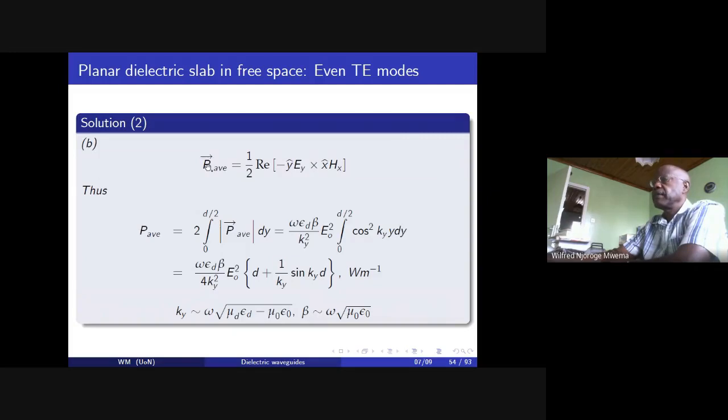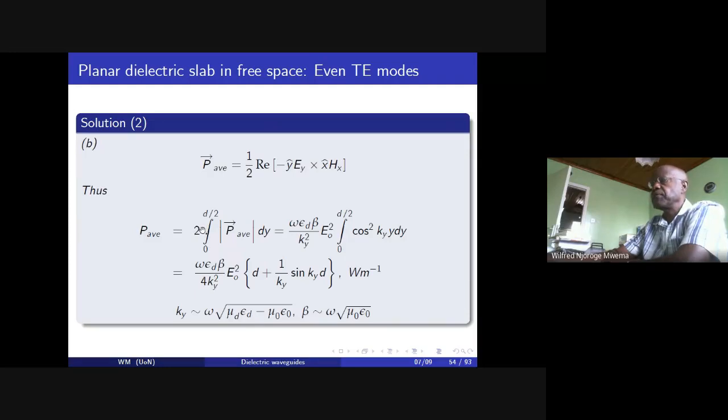And part B, we can see that the power average, that is the time average power or Poynting vector, is going to be given by a half of the real part of the cross product of Ey cross Hx star, that is the conjugate. And thus, when we do that, we get the average power over the cross section, and of course it's because we are using per unit dielectric width.